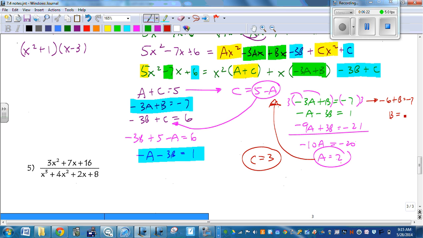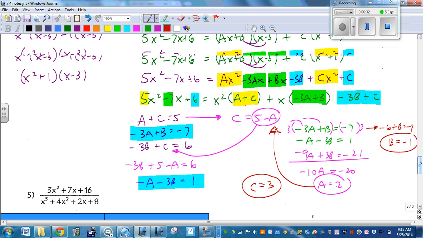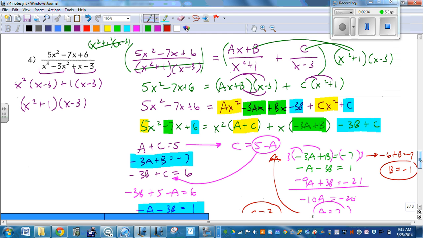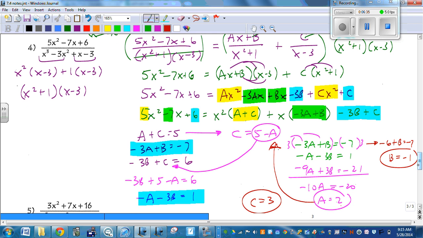So b is going to come out to be negative 1. So we have our three variables. We can go ahead and write our final answer here by substituting them into that expression. So we have ax plus b, 2x minus 1, all over x squared plus 1, plus c, which is 3, over x minus 3.